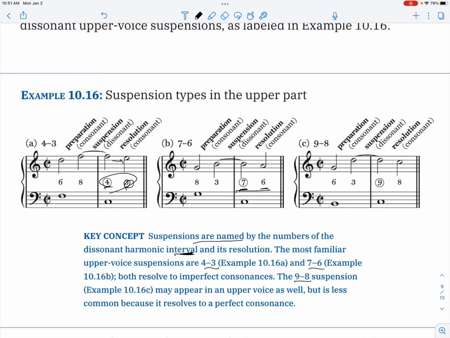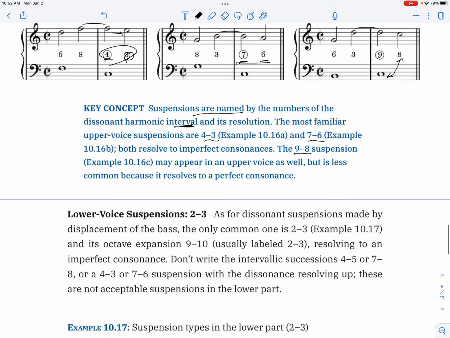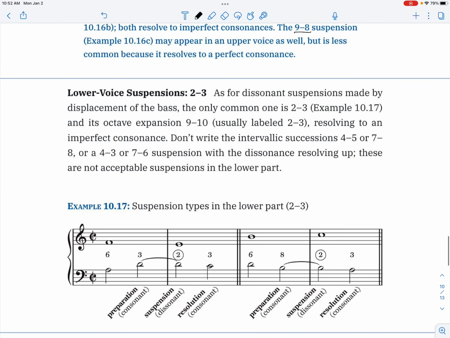5-6 may appear in the upper voice as well, but it's less common because it erupts to a perfect consonance. We are usually careful with open intervals, which are perfect consonances like fifths. They usually sound very hollow, so we treat them more carefully, as mentioned in chapter 9. There's also the lower voice suspension, and the only possible scenario would be 2-3.